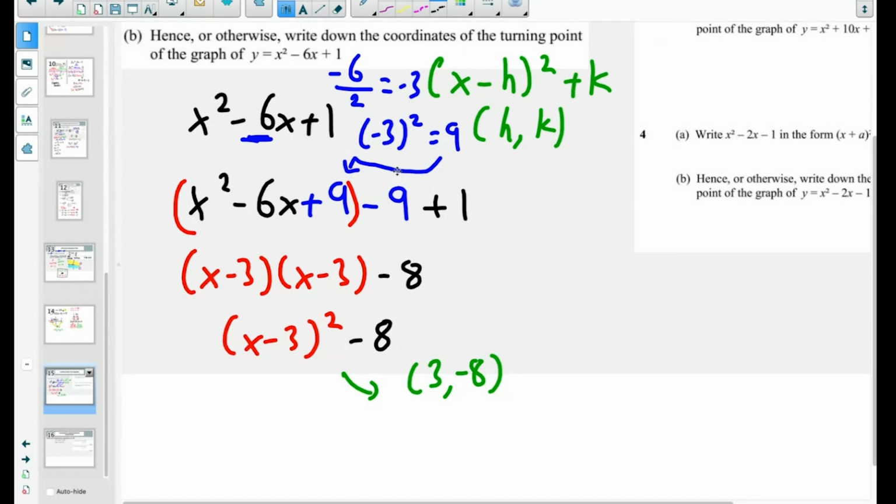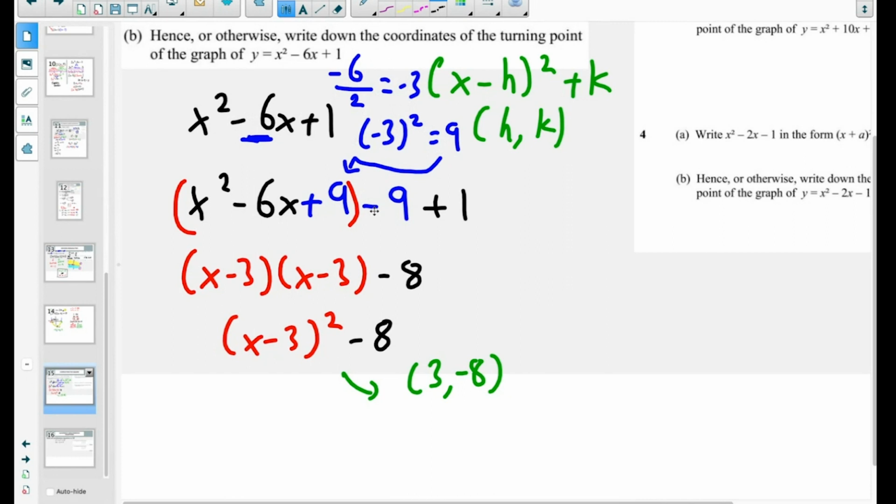I wish I had time to do a proper lesson on completing the square. I can probably send you guys links to videos of it being visualized. But the short and sweet version is we're taking half of this middle term, so half of whatever the coefficient is, and then we're squaring it, we're adding it, and we're also subtracting it at the same time.